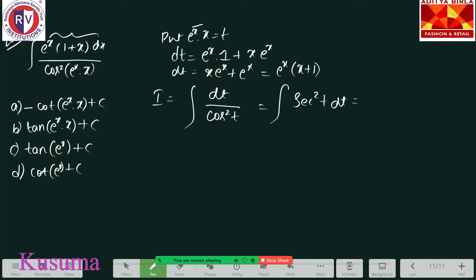So what is integration of secant square t? It will be tan t plus c. But what is t? E to the power of x into x. So in the place of t, we will substitute e to the power of x into x plus c. So this is the value of I. So this is our option B.